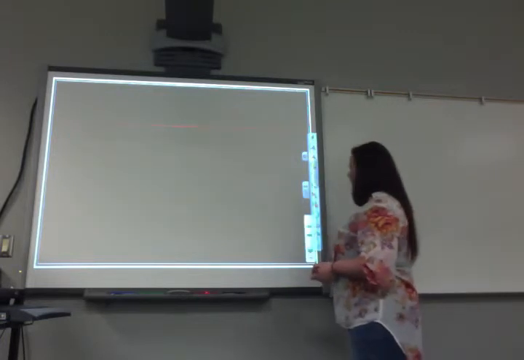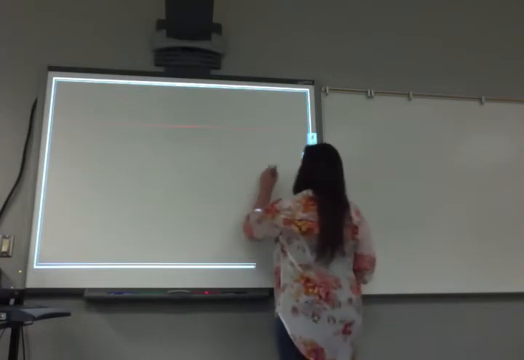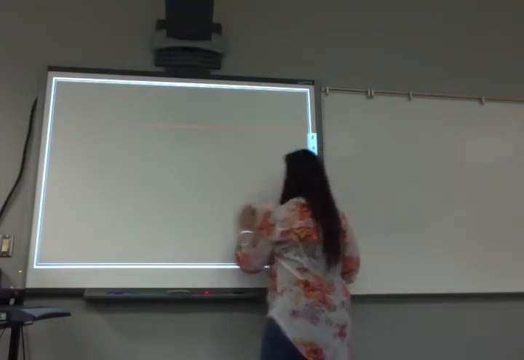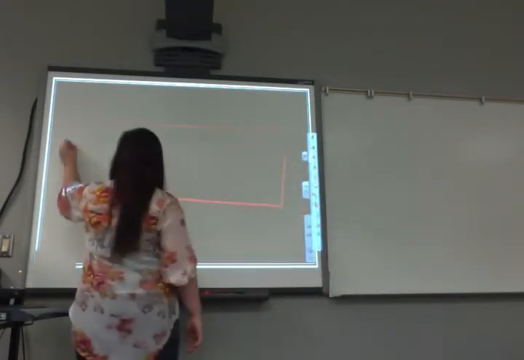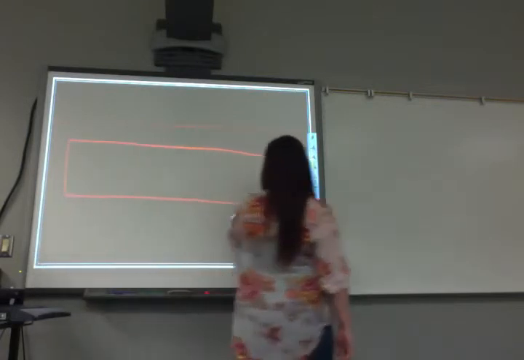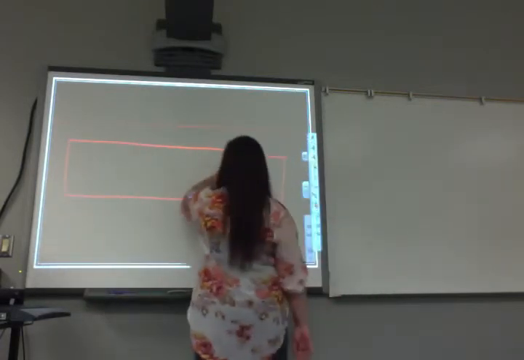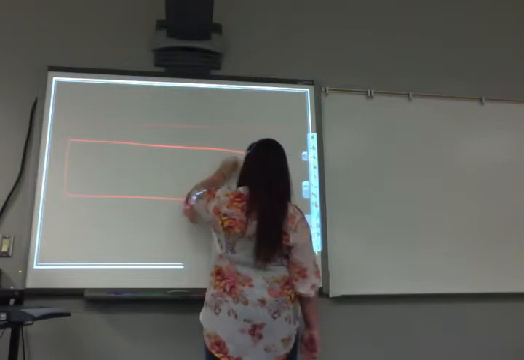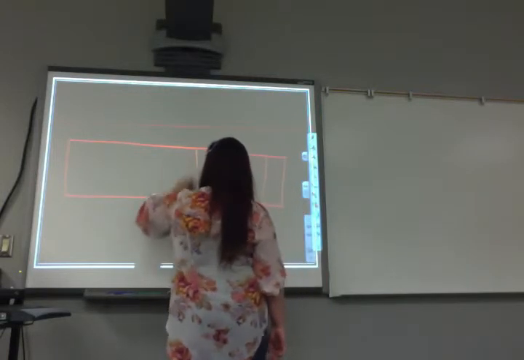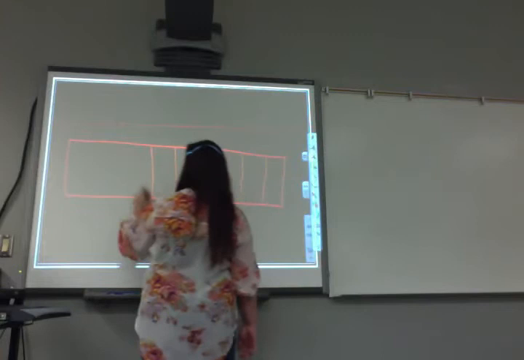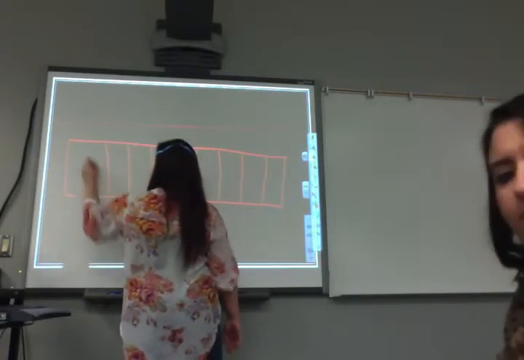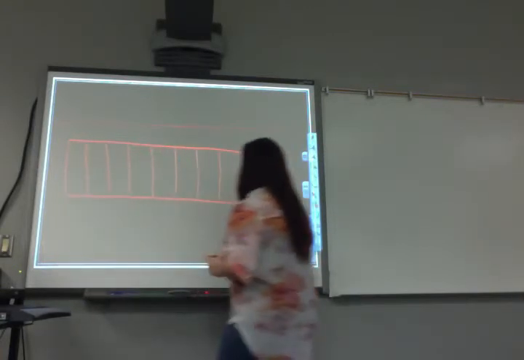Okay, so we're going to go over here. There were 10 parts, so we're just going to draw a long sub here and split it up into 10 parts. 1, 2, 3, 4, 5, 6, 7, 8, 9, 10. Okay.